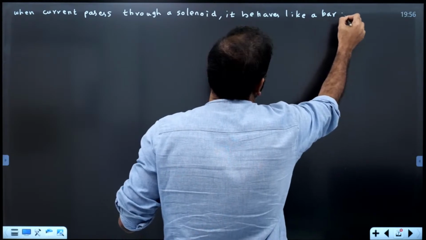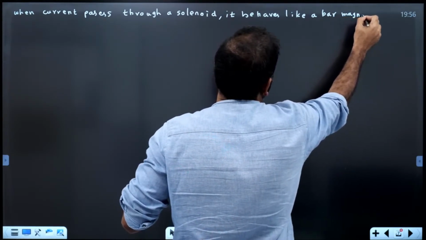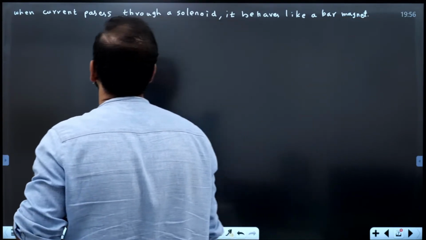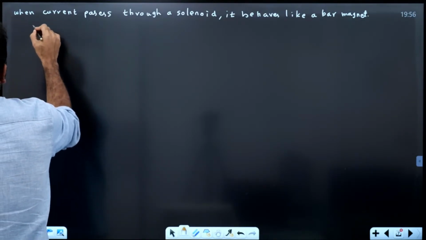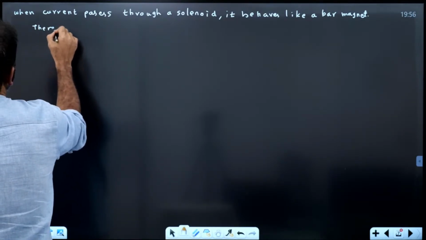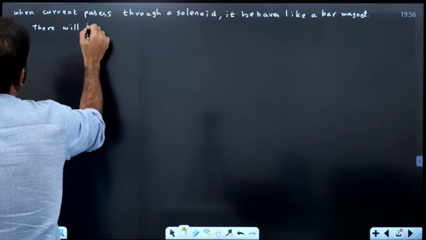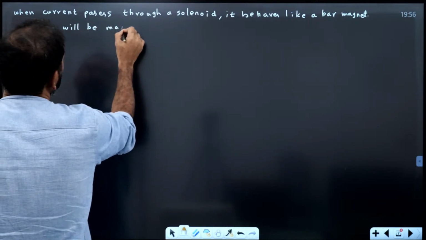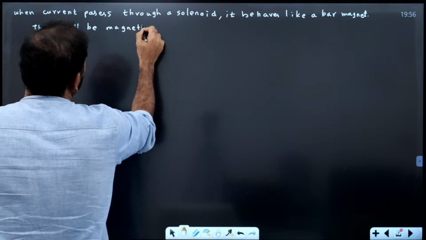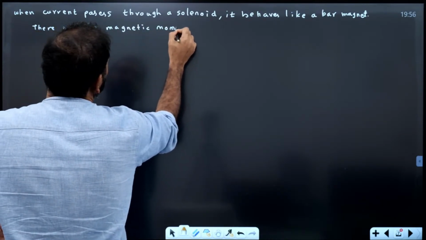When current passes through a solenoid, it behaves like a bar magnet. So if it is a bar magnet, then there will be what? Magnetic moment. There will be magnetic moment.